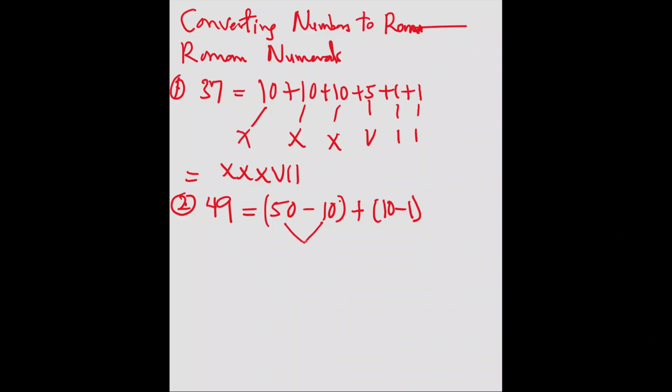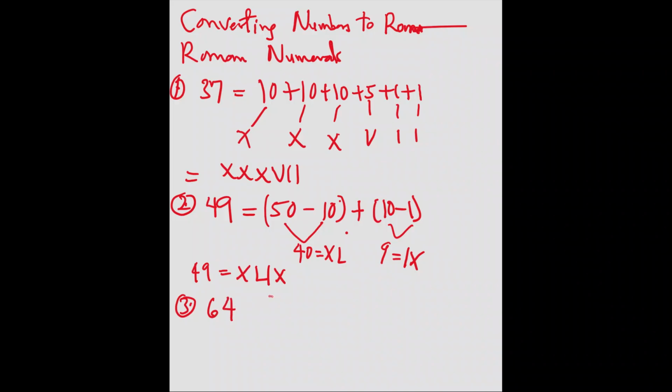So we already know that 50 minus 10 is 40, which will give us XL. Okay, and then 10 minus 1 is 9, and 9 will give us IX, as we already know. So 49 will be XLIX.